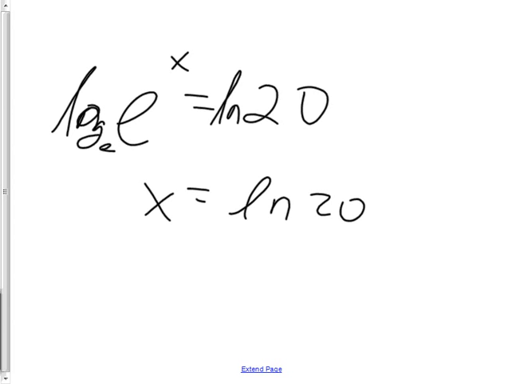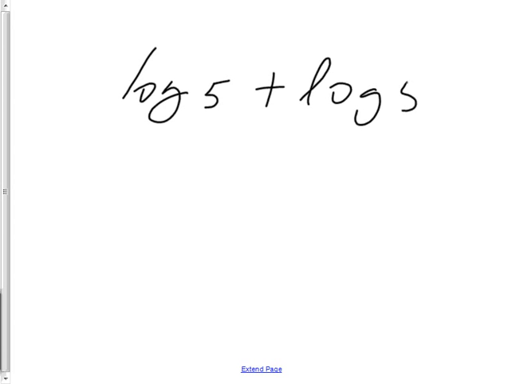All right. How about this? Let's see if you can handle this. Log of 5 plus log of 5. What does that really equal? Log of what? 25, because add turns into multiply.